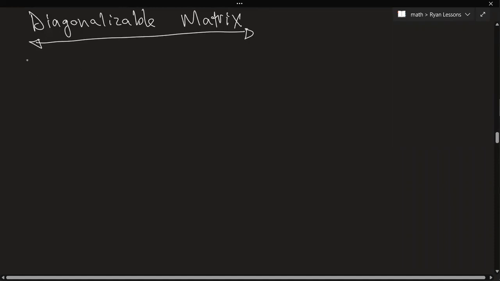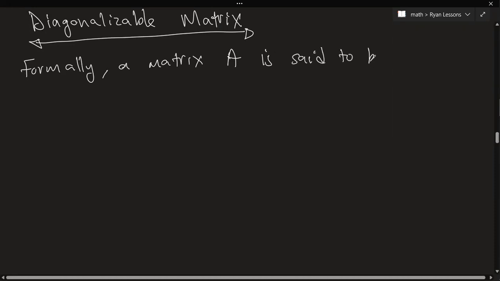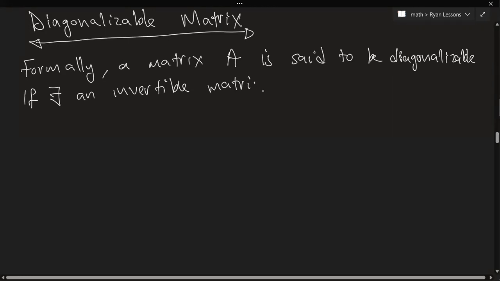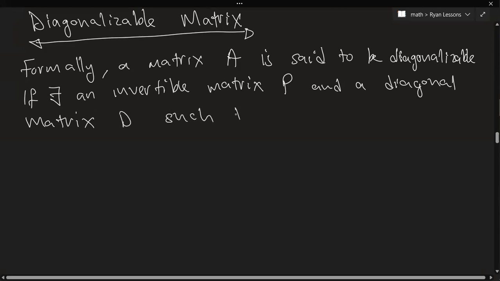Formally, a matrix A is said to be diagonalizable if there exists an invertible matrix P and a diagonal matrix D such that A is equal to P D P minus 1.